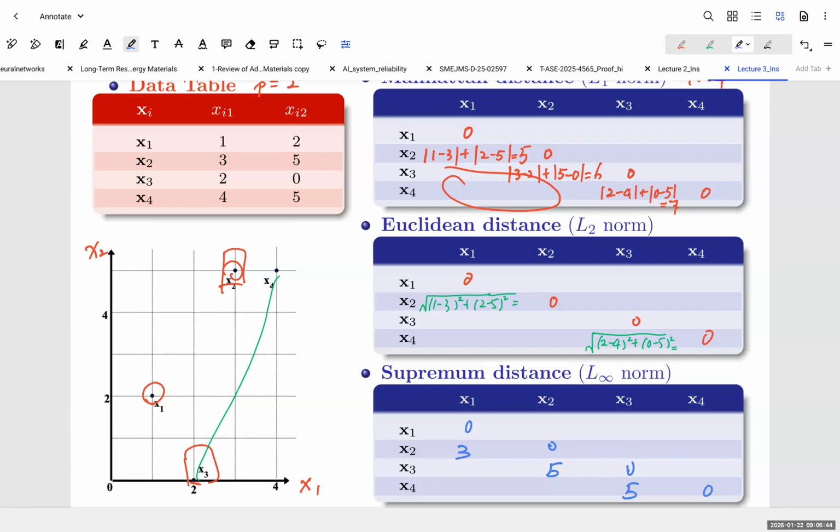Okay, for Euclidean distance, x2 and x3, you have 3 minus 2 square plus 5 minus 0 square. Of course, it will be smaller than that between x3 and x4, right? But that's a different Minkowski distance.